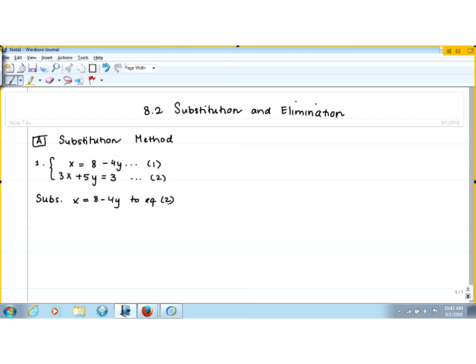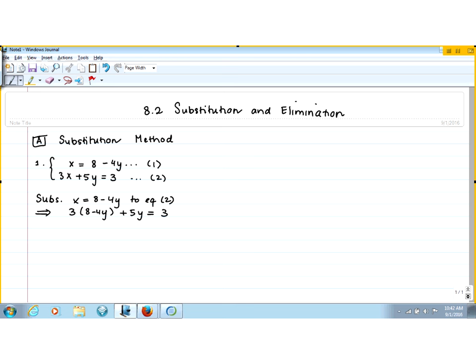Because I want one equation with one variable only. So when I substitute, what do I have? 3 times 8 minus 4y, right? I no longer use x. I replace x by 8 minus 4y, plus 5y is equal to 3.